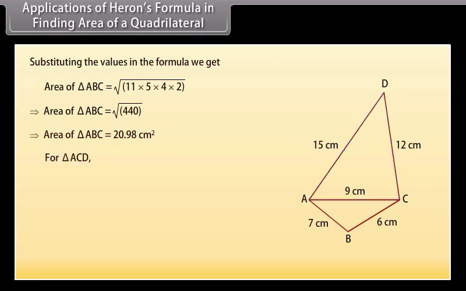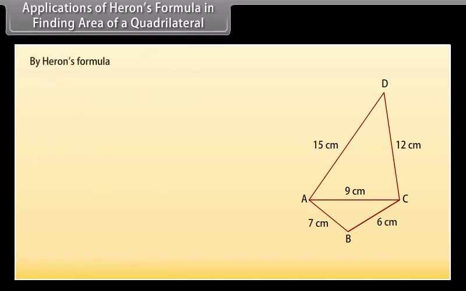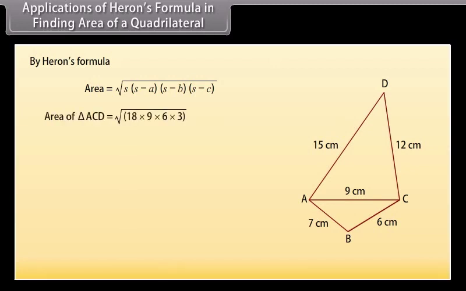Now for triangle ACD, S is equal to (9 plus 12 plus 15) upon 2 is equal to 18 centimeters. By Heron's formula, area is equal to square root of S into (S minus A) into (S minus B) into (S minus C). Therefore, area of triangle ACD is equal to square root of 18 into 9 into 6 into 3.